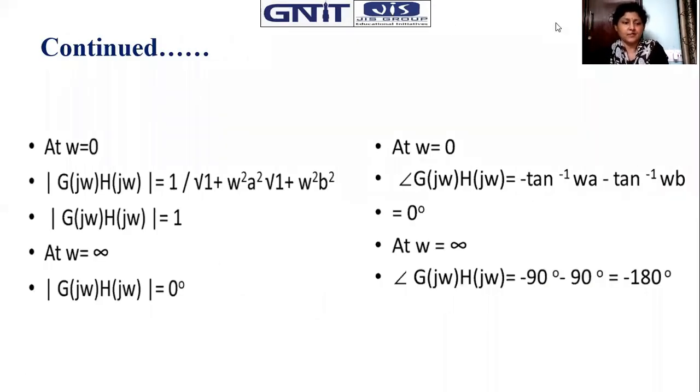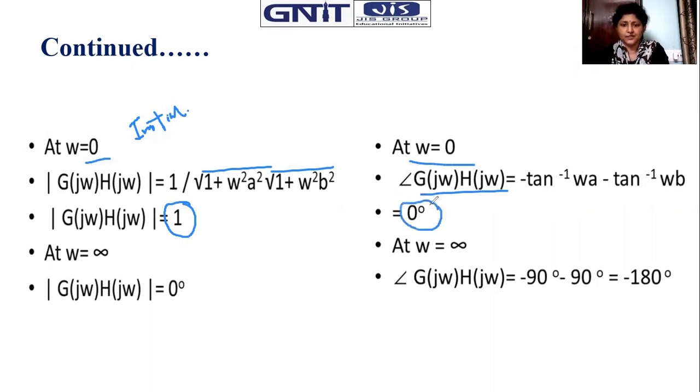So for omega equals 0, the initial or starting value, what is the magnitude? 1 divided by root under 1, root under 1. So we are getting the magnitude 1. And for omega equals 0, what is the phase? The phase value is minus tan inverse of 0, so we are getting the angle 0.